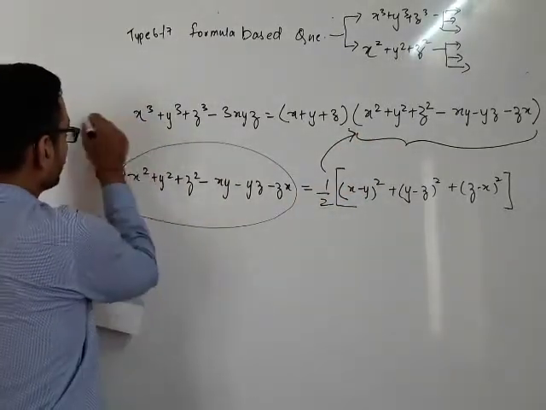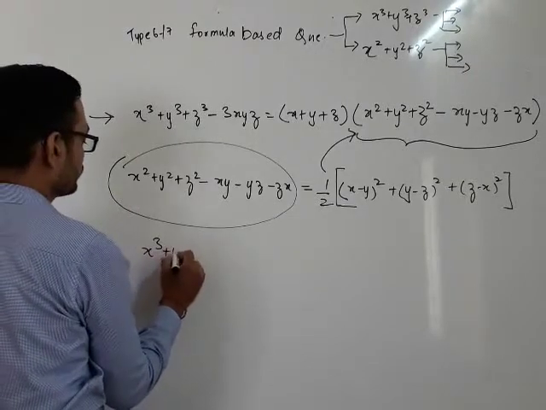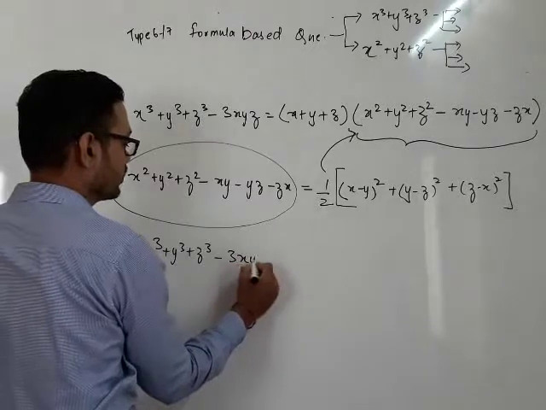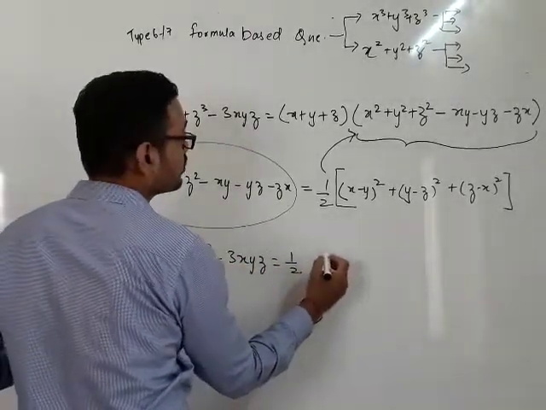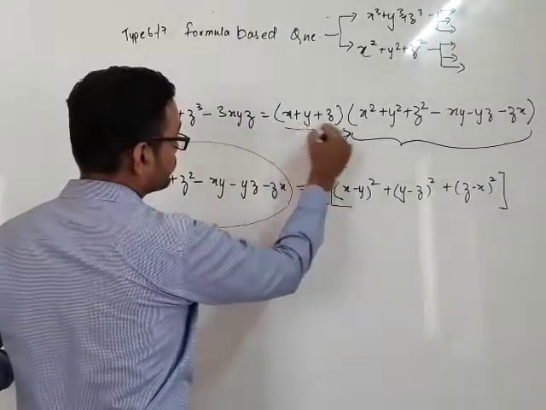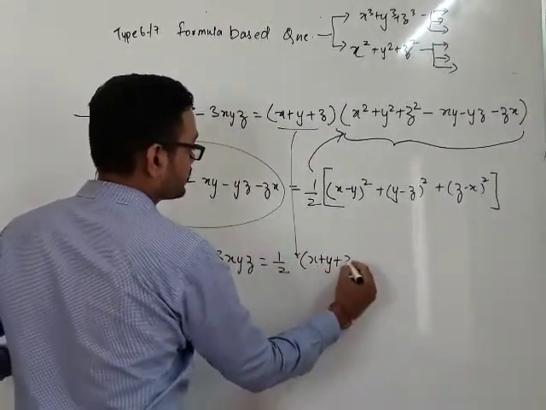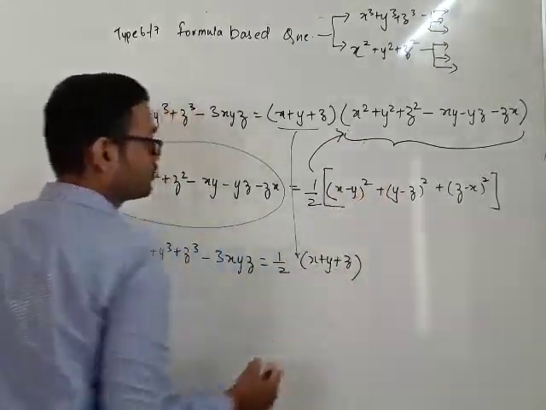So our main formula becomes x cube plus y cube plus z cube minus 3xyz is equals to half of, this I will write as it is, x plus y plus z, and this part I'm substituting over here.